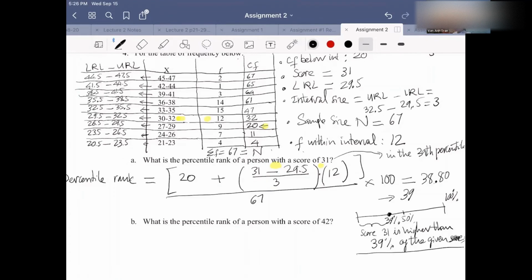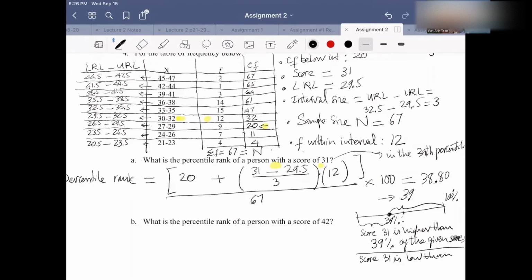Okay, so you can also say that the score 31 is lower than what percent of the given scores, everyone? Can you guys tell me? If it's higher than 39%, then it's lower than what percent of the scores? If you got 39% already, then what is the remaining percent here, everyone, to the right of the 39%?